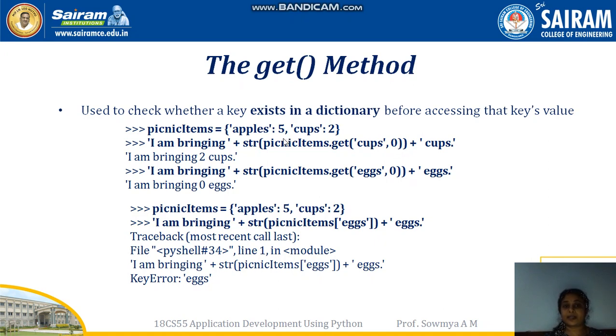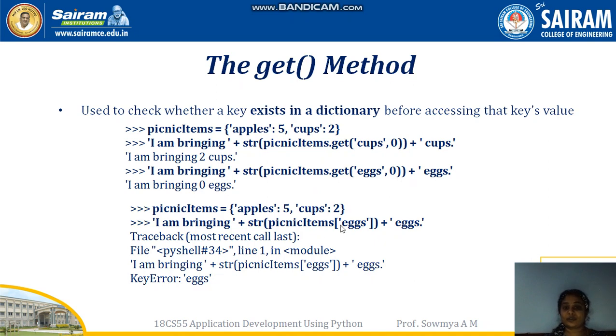If cups is present in picnic items, the value will be printed. If not, 0 will be printed, plus cups. So I am bringing 2 cups, it has 2 cups. And then next one is I am bringing picnicItems.get('x', 0). See, picnic items does not have x, so it prints 0 instead of giving an error.